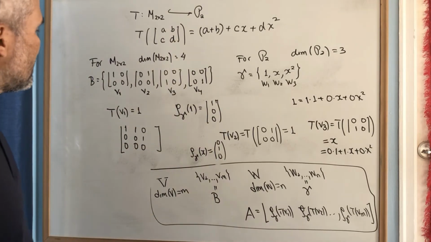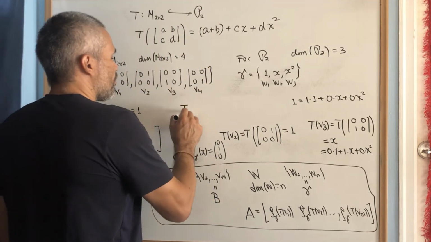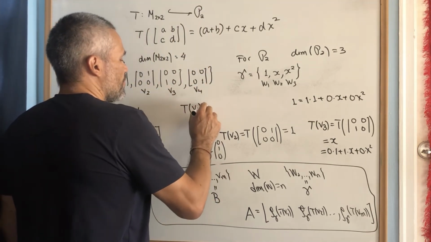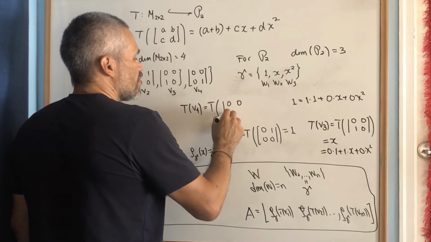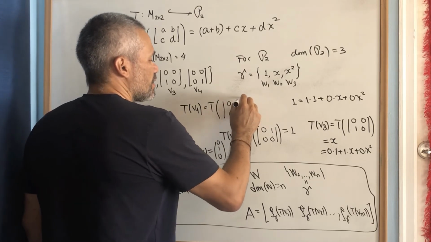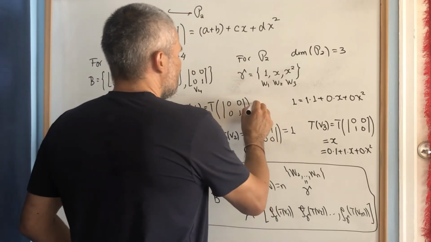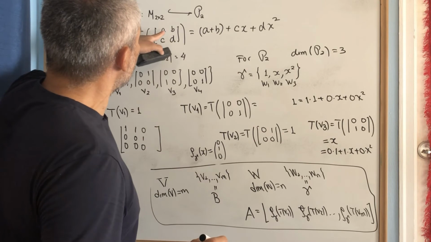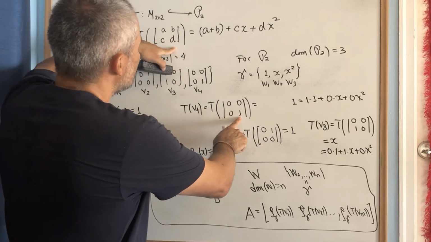And finally, let me erase this one. If I do T of B4, T of B4 is T of 0, 0, 0, 1. And then this is what I get when A is 0, B is 0, C is 0, and D is 1.